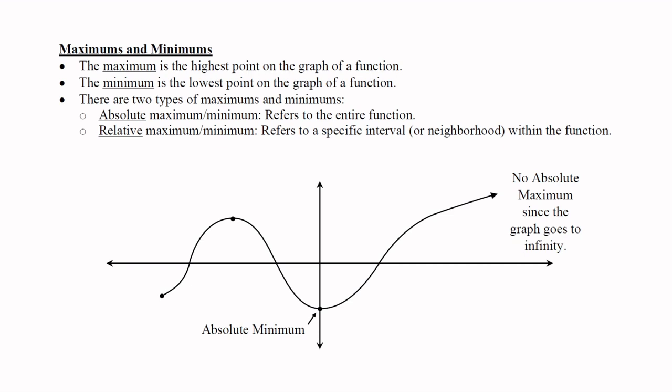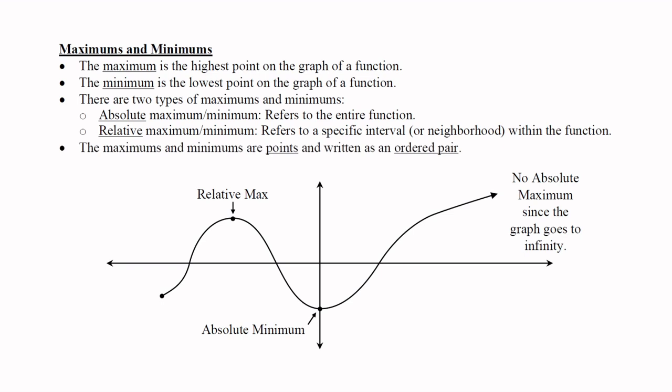This refers to a specific interval or neighborhood within the function. So here we do have a relative max because we increase to this maximum point and then we start to decrease again. So in this little neighborhood of the graph, we do have a relative maximum. The maxes and mins are points and written as an ordered pair.